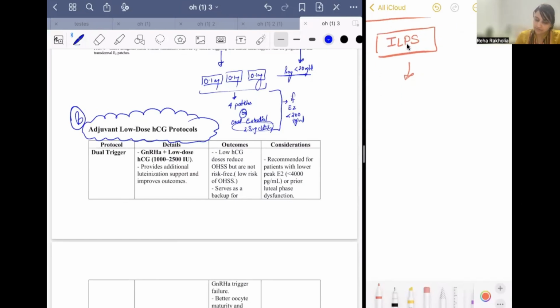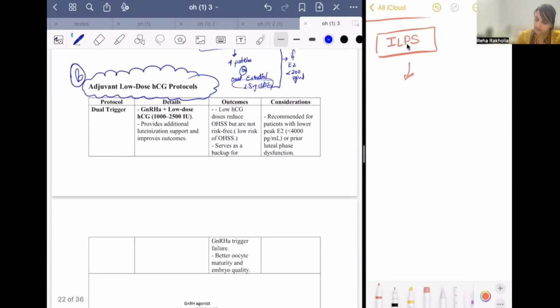Okay. Now, several protocol has been developed that utilizes small dose of HCG to support the luteal phase without significant increase in OHSS risk. This include first is dual trigger protocol.